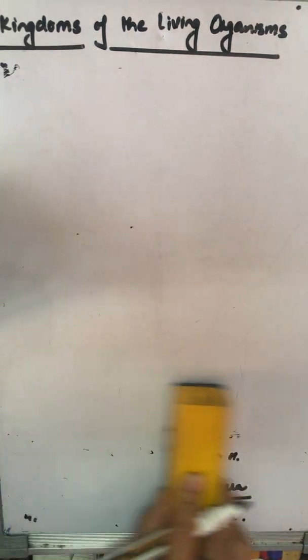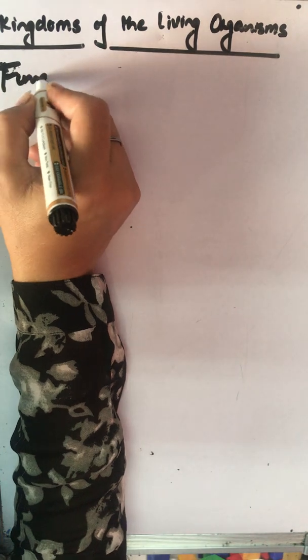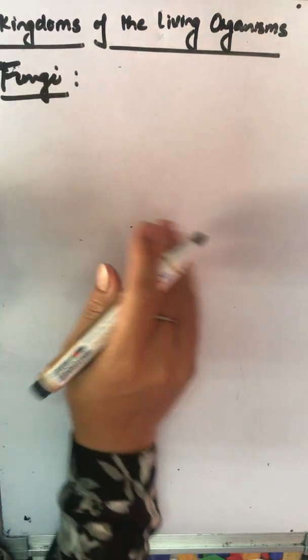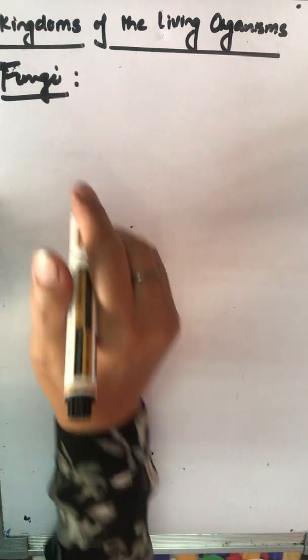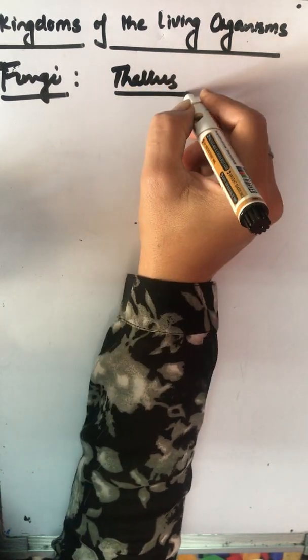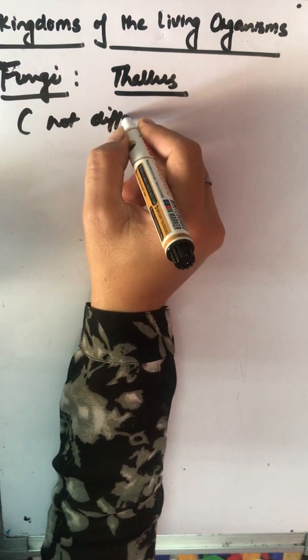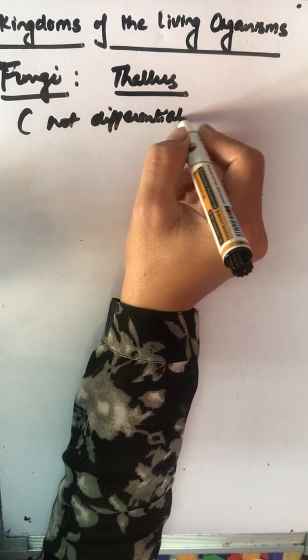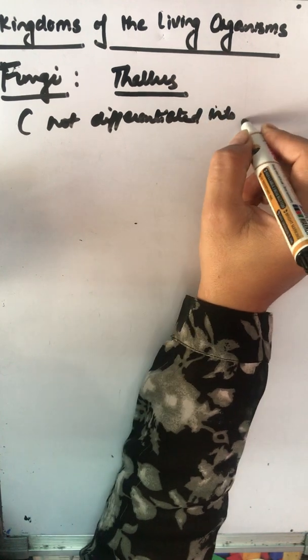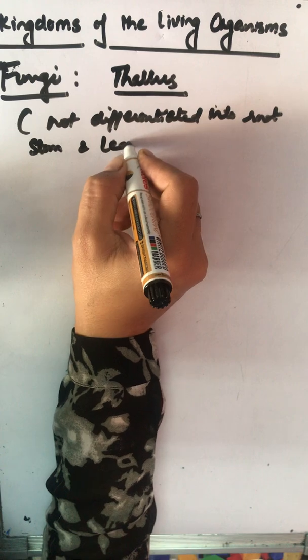Kingdom Fungi, where the organisms form a thallus-like structure. Thallus is something which is not differentiated into root, stem and leaves.